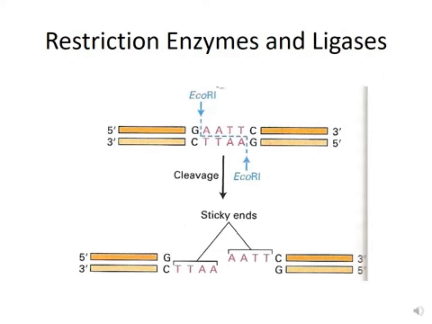As we just mentioned, restriction enzymes cut double-stranded DNA at a certain location called a restriction site. This is an example where the restriction enzyme called EcoRI cuts double-stranded DNA at a sequence similar to this one. And if you notice, it cuts each strand at a different location.